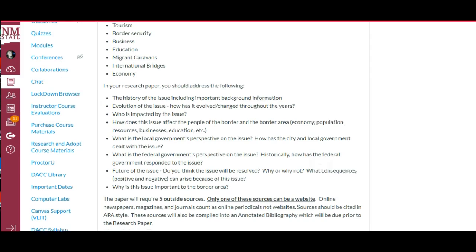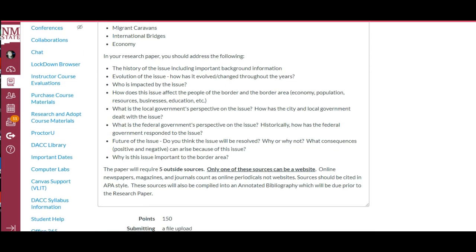So another thing that you want to think about is how does it affect the people, right? How does it affect the people of the border area in terms of economy, population, resources, businesses, education, etc. Not all topics are going to cover every single one of these areas, but for example, the international bridges, they do affect businesses.